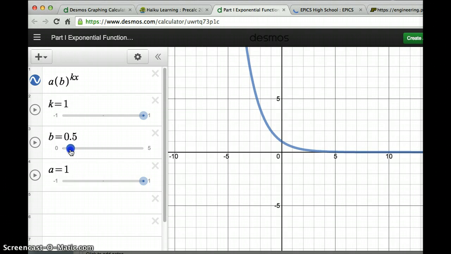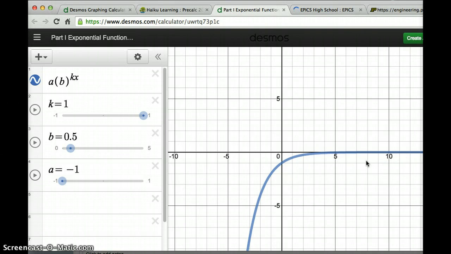Let's look at when b is 1/2. Here we've got both a and k positive, and we start with an exponential decay function. If we have one negative, meaning one reflection, it goes from exponential decay to exponential growth. You can see here it's going upward on the right side, right?